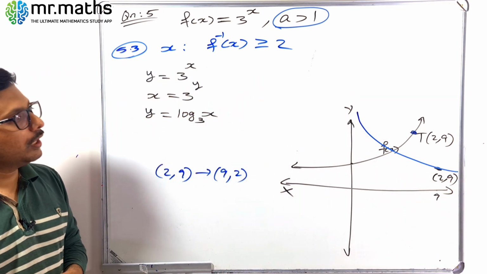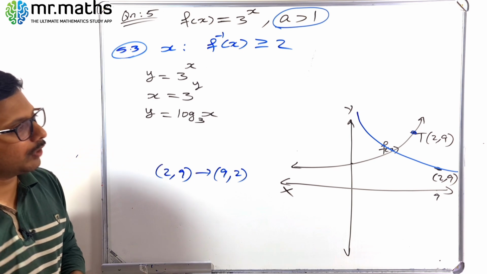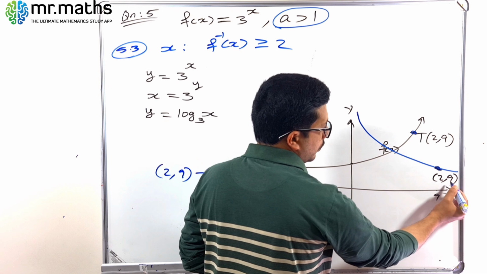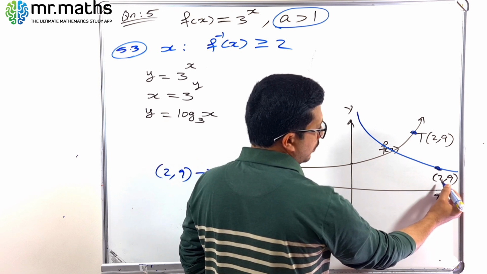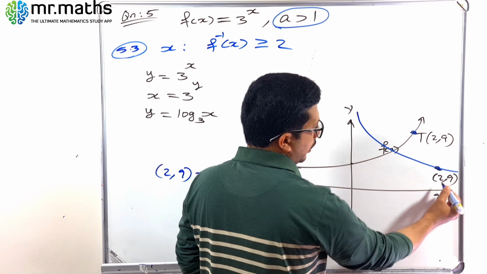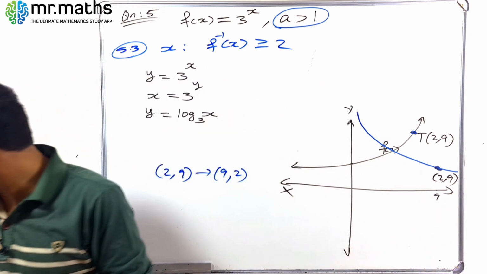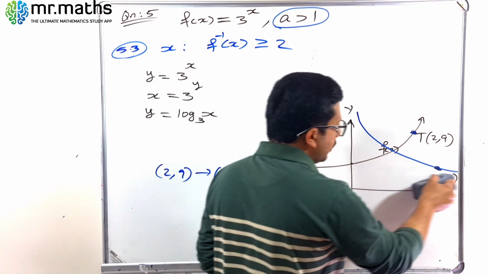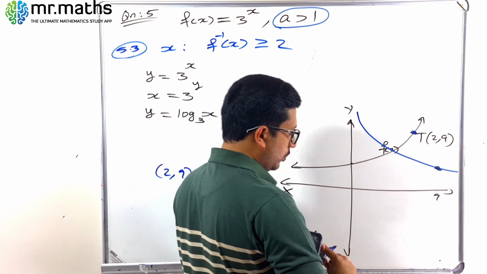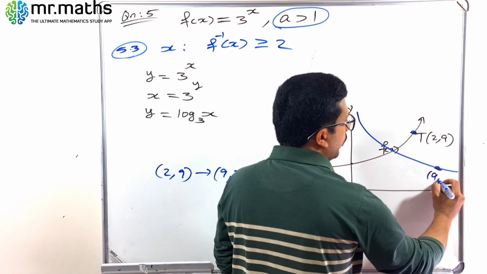Now, at this point, what is the x value? Are we supposed to write it the opposite way? This is 2 comma 9, so this one is 9 comma 2.